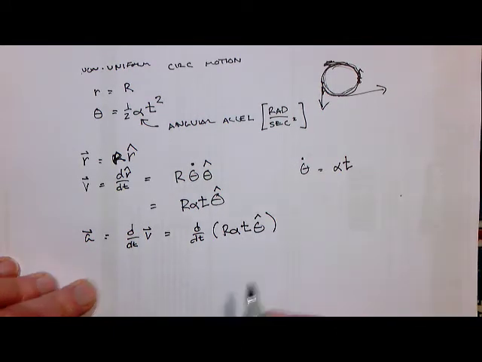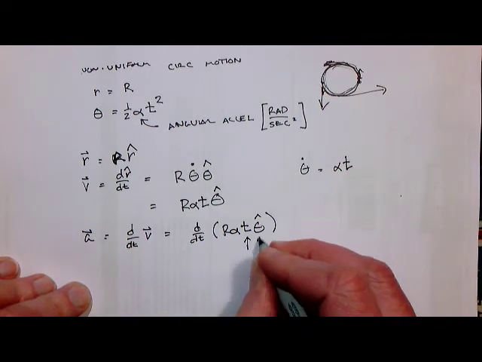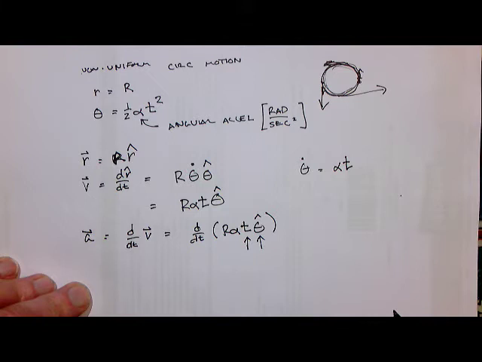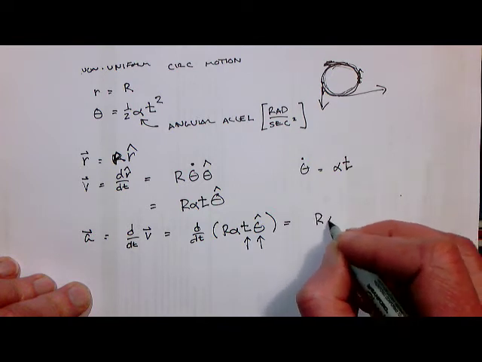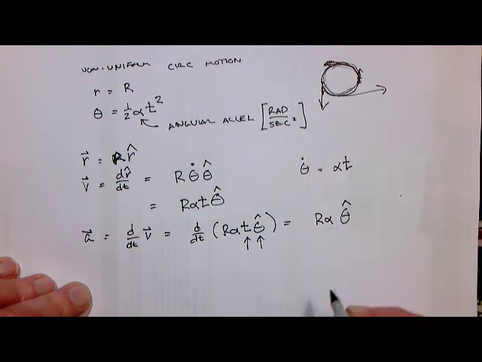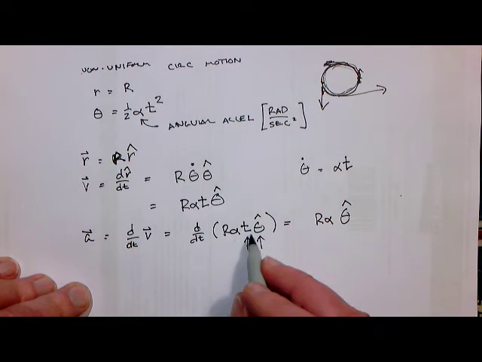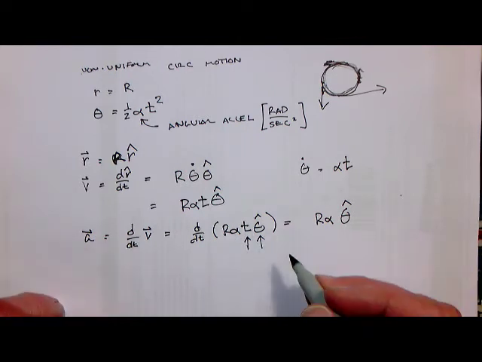Now we've got two things that depend on time. Obviously t depends on time, and theta hat depends on time as well. So let's take the derivative. We're going to get R times alpha times theta hat, when we do the product rule and first take the derivative of t, which gives a constant one.